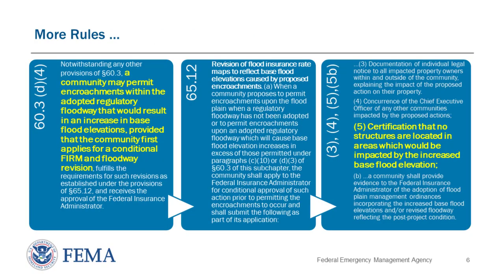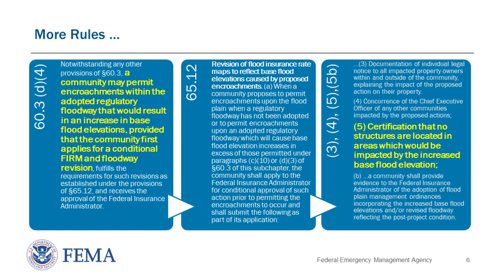And so there is even the ability to increase that flood elevation, but there are added regulations associated with that. So you do need to notify all affected landowners that they are potentially impacted by that change.